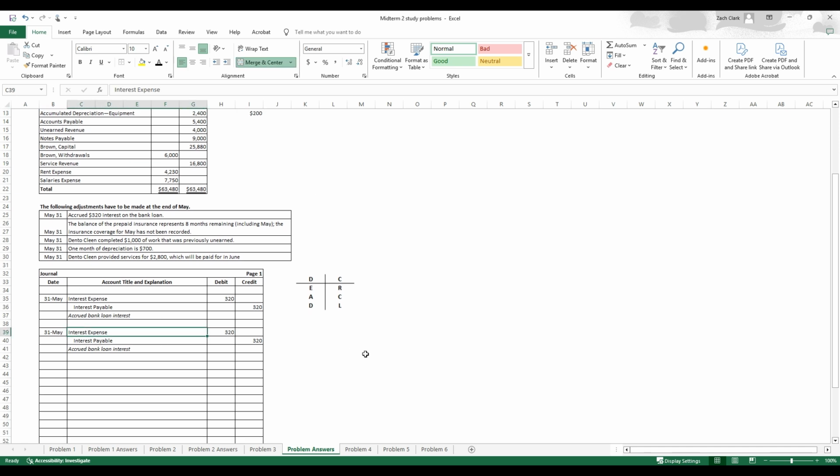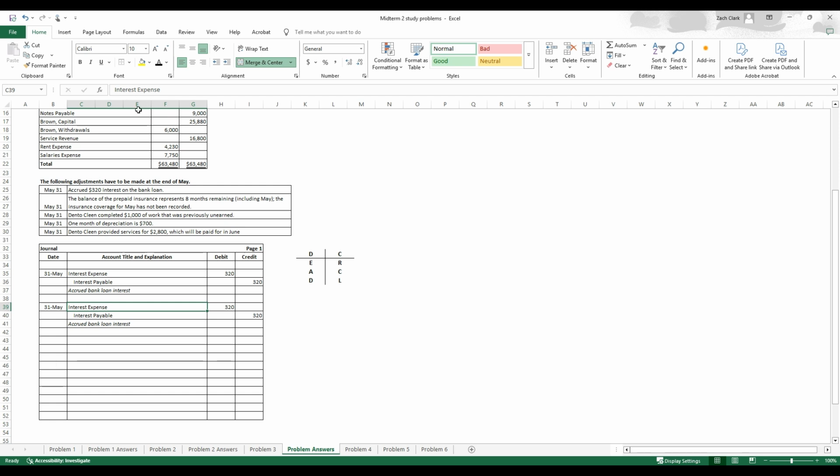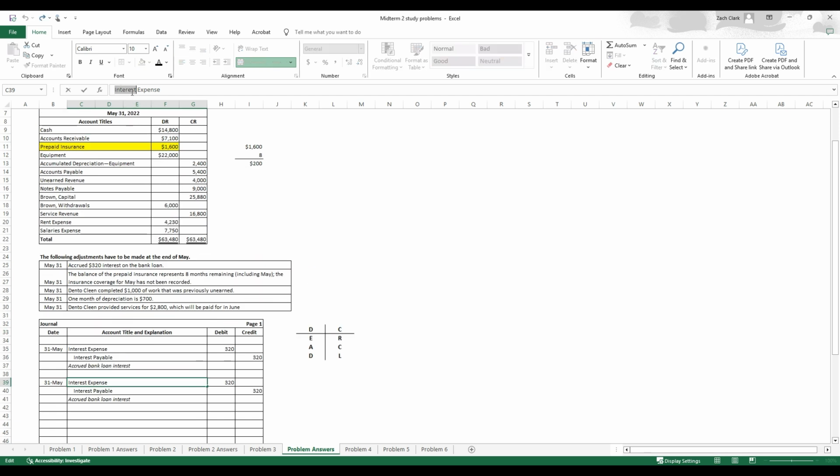And so for our adjusting entry, then we're going to record insurance expense for $200. And we're going to reduce our prepaid insurance asset, which, until this point of recording this entry represented 8 months. But since we have already used up one of these months, which was May, we need to bring that down by 200.